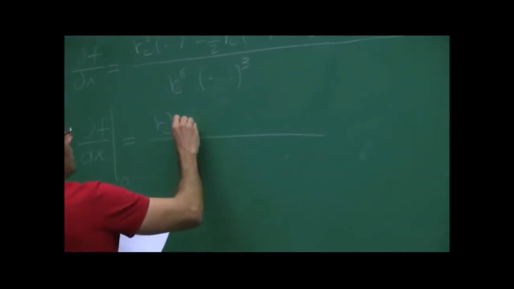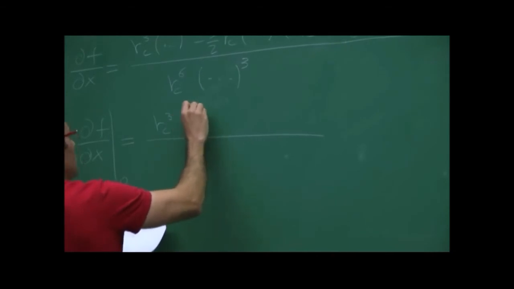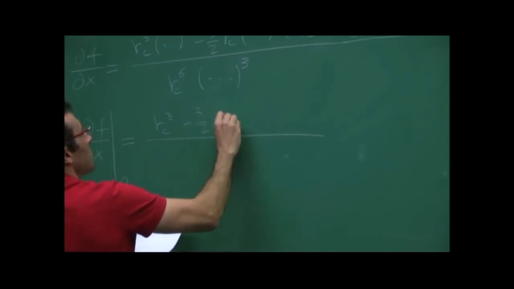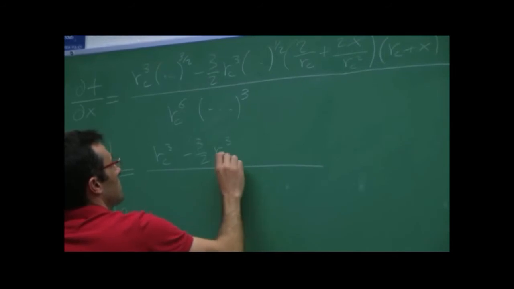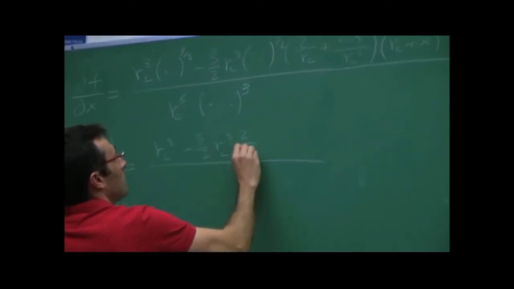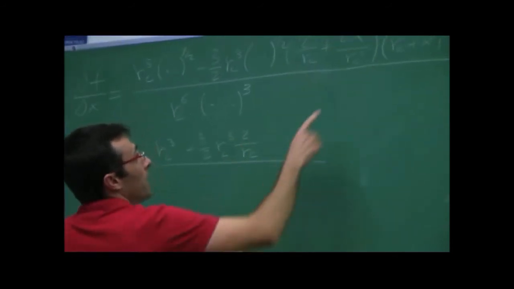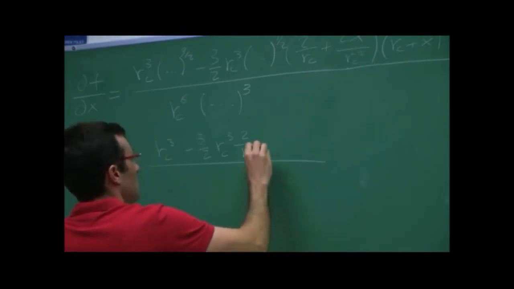So here I'm left with a 1. So I have an RC cubed. Let's see, a minus 3 over 2 RC cubed. This becomes a 1. Down here I'm only left with 2 over RC, right? You see that? Because this is 0. And here I'm left with RC.